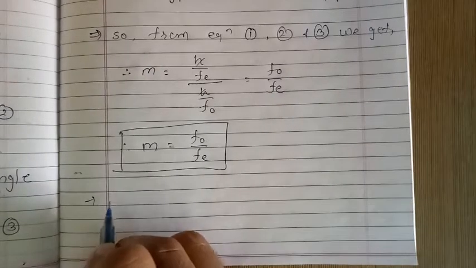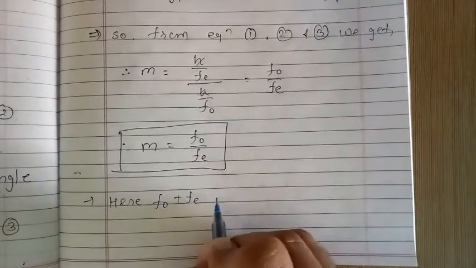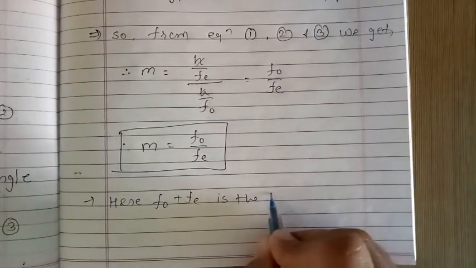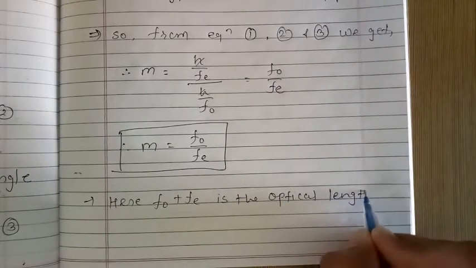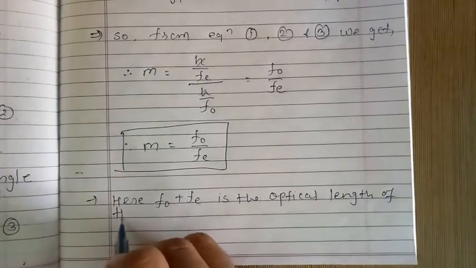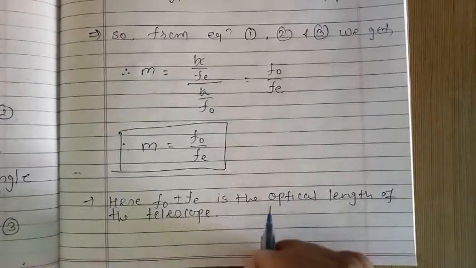Here FO plus FE is the optical length of the telescope.